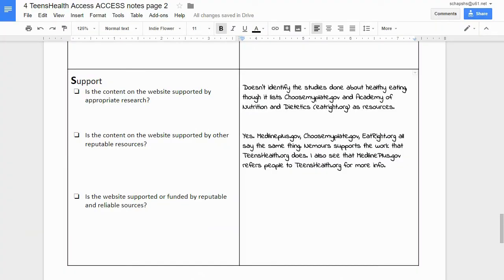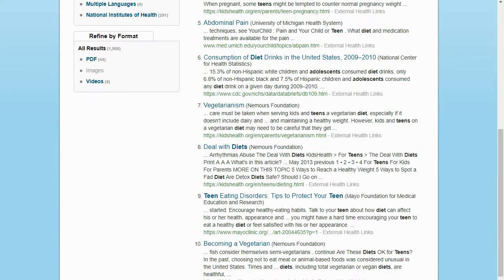Another thing I've found as I've been doing some research is that on medlineplus.gov, which is a reputable government site, they often refer people to teenshealth.org for more information. This is a search I did on the Medline Plus site about diet and teens. We can see that Kids Health or teenshealth is being referenced quite a bit.